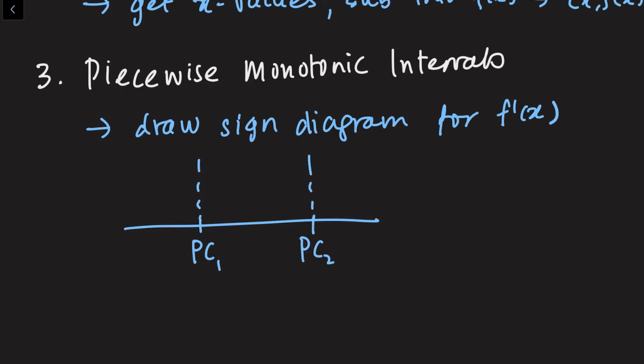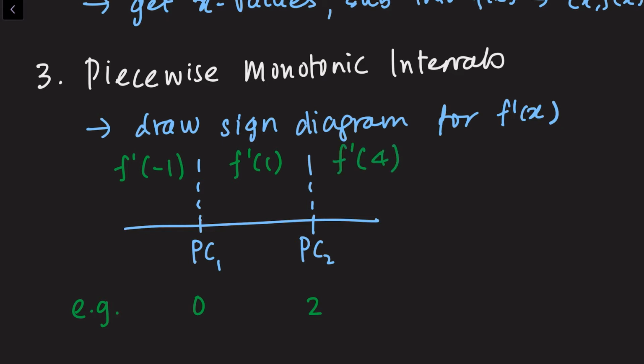Alright, then we just test for the behavior of f prime x at this interval, and this interval. Okay, so for example, if your possible critical 1 is 0 and you have another possible critical at 2, then maybe you just try to find the sign of f prime, maybe simply a negative value, then f prime of something in between 0 and 2, then something greater than 2, maybe a 4.